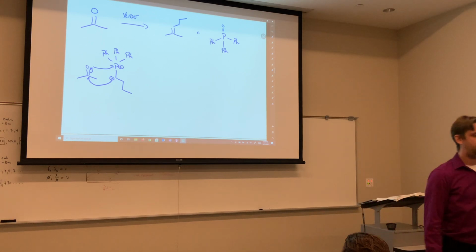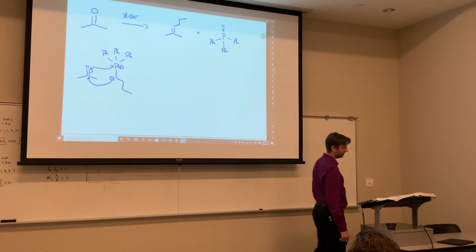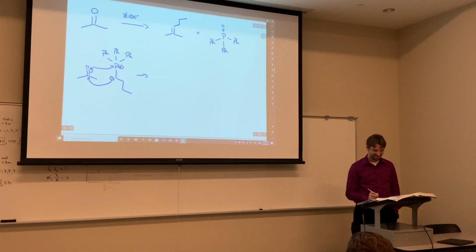Okay, so how does that look? Looks stupid, okay. Alright, so there's my carbonyl carbon, which is bound to my oxygen, right? What's my oxygen bound to? Phosphorus, right? Phosphorus is bound to carbon, and that carbon is bound to that carbon there.